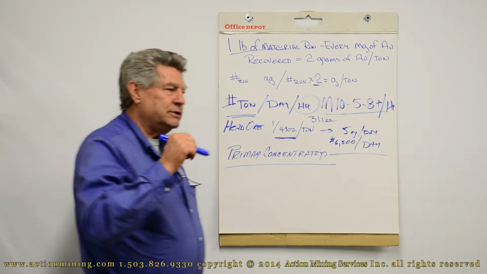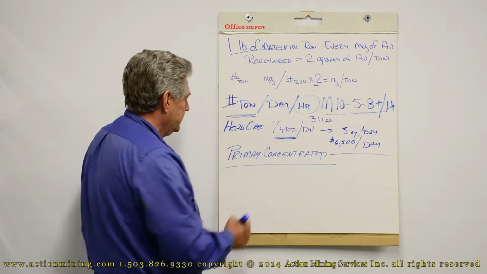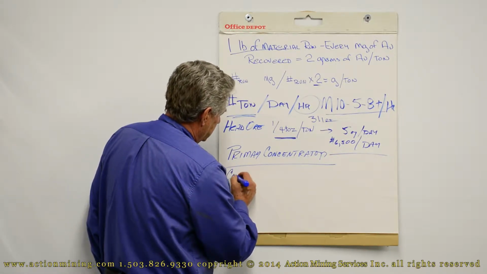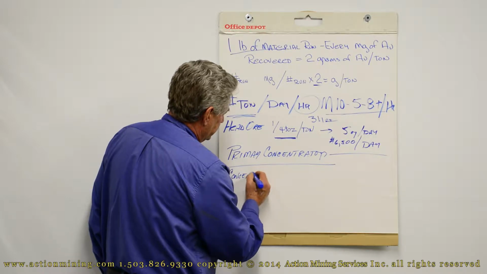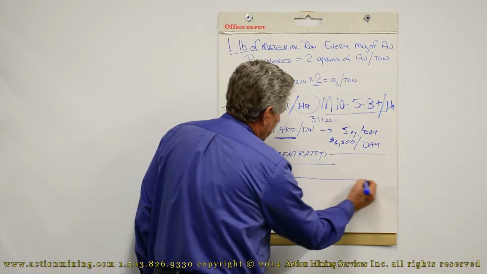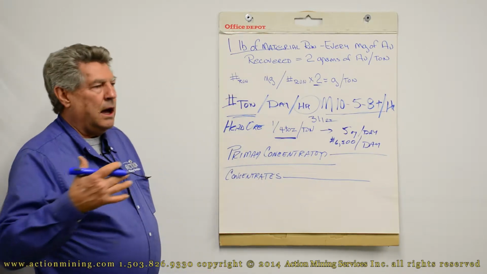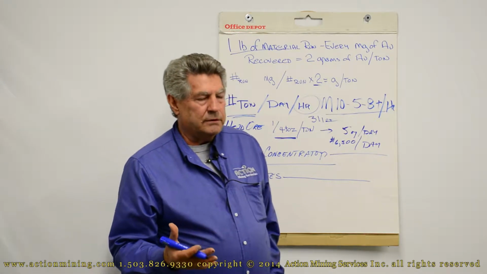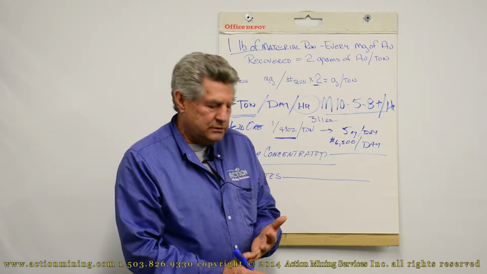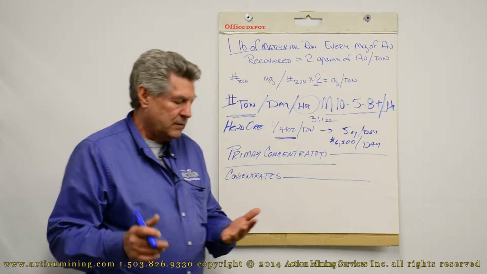Now the next question you need to ask is, what are you going to do with your concentrates? How much concentrate can you handle? Are you going to smelt it? Are you going to leach it? Or are you going to sell it?